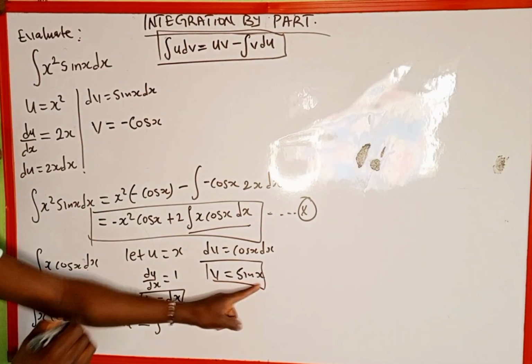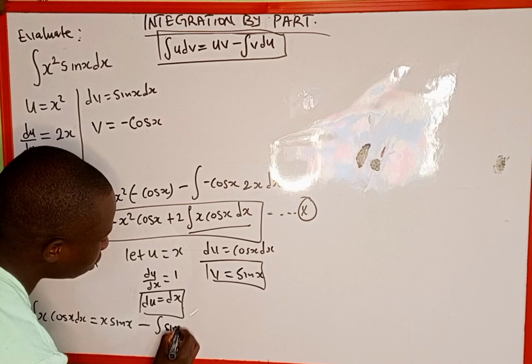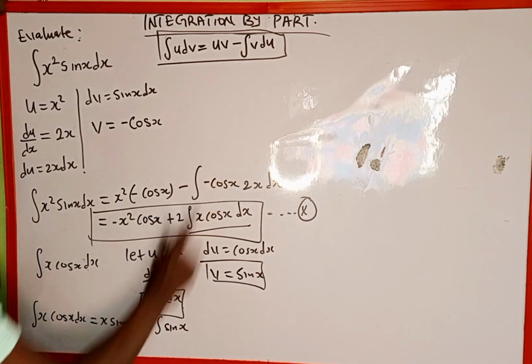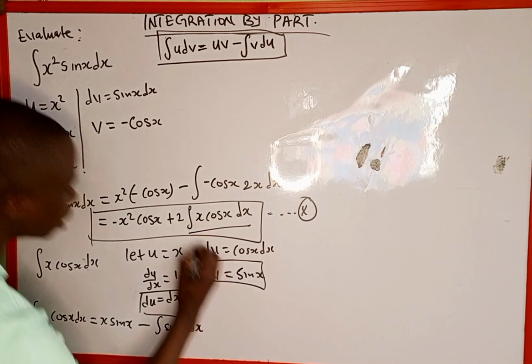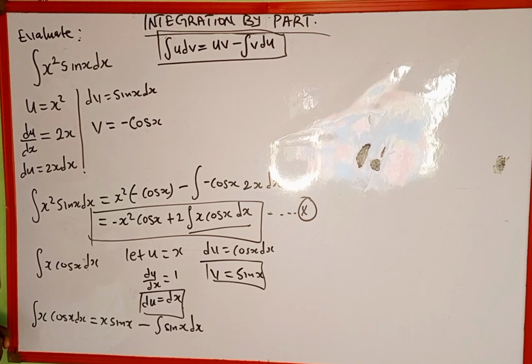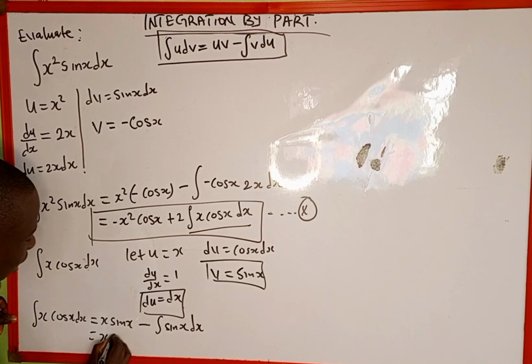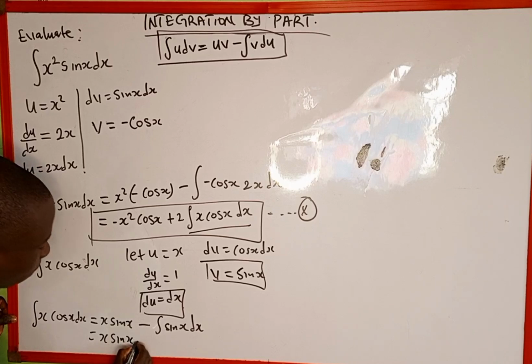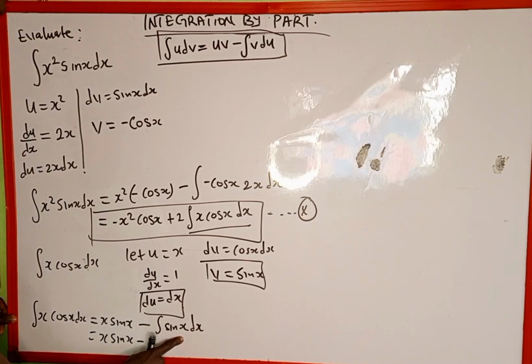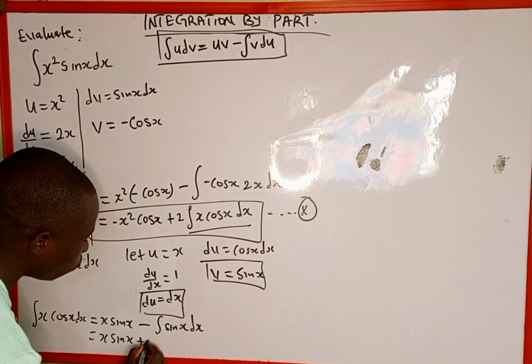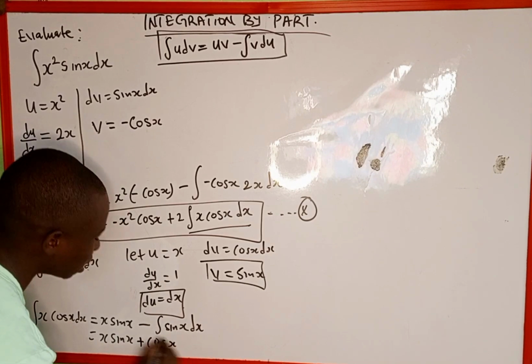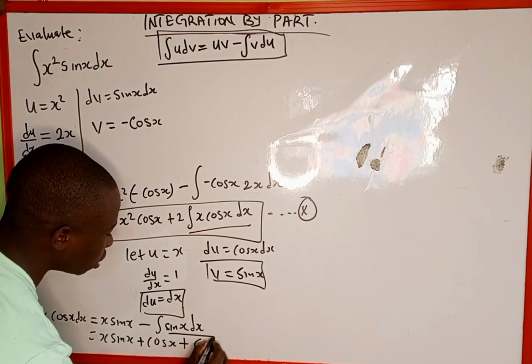Our v is sine x. We have minus integral of sine x, then du is the same as dx. So the next thing we are going to do is to integrate this. So this is going to be equal to what? x sine x minus, when we integrate sine x it is going to give us minus cosine x. And minus multiplied by this minus is going to change to positive cosine x plus integration constant.